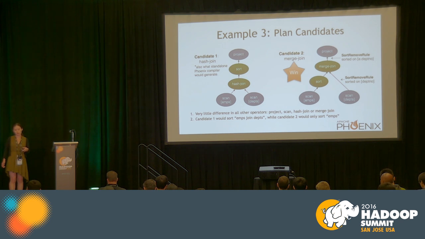Candidate 1 is going to sort the join output, while candidate 2 is going to sort the employee table only, which makes candidate 2 cheaper here. Also, based on a test on a 2 million row employee table plus a 2,000 row department table on a single node cluster, the second candidate actually saved 30% of the time.